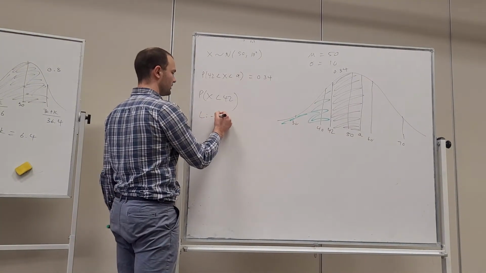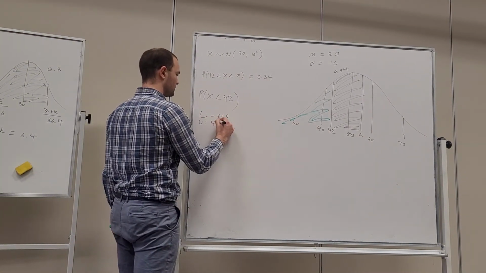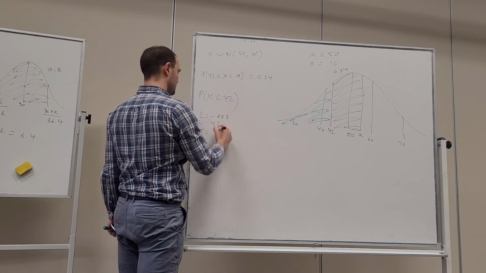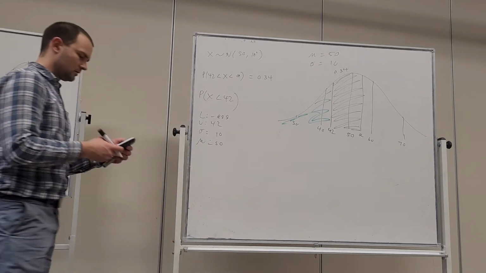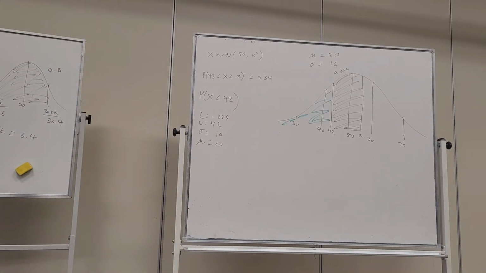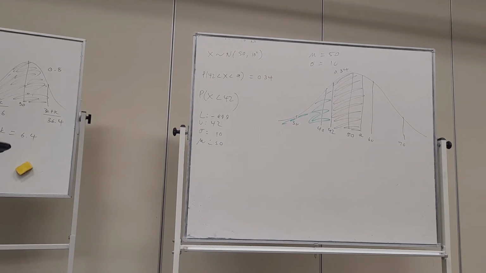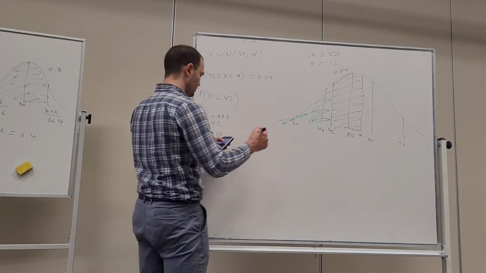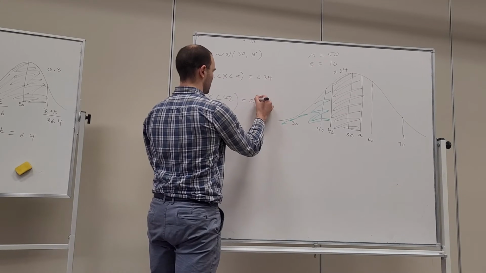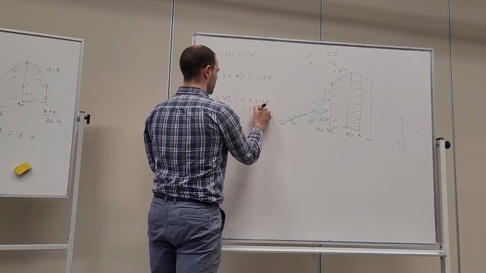Our lower boundary is minus infinity, our upper boundary is 42, standard deviation is 10, and the mean is 50. It's not an inverse normal, it's a normal distribution calculation, NCD: minus infinity, 42, 10, 50. I've got 0.2118, so 0.212.